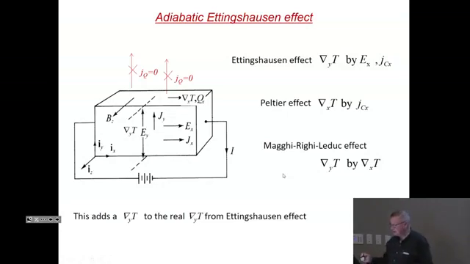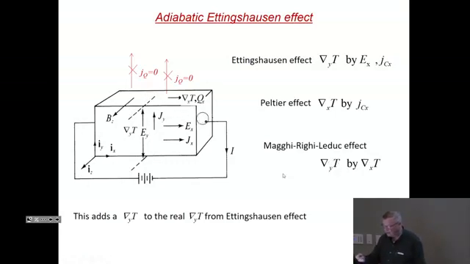And so it's the same story. You will have a temperature gradient that arises by the presence of the electric field that you have applied. That's great. That's what you want to have. But of course, you will have a Peltier effect. So that means you'll have a temperature gradient that accompanies your current. And that temperature gradient is along X. That temperature gradient then is subject to the Righi-Leduc effect.